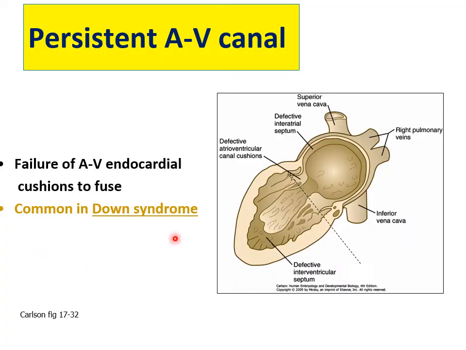This is a clinical entity found, as we mentioned, in Down syndrome. Here there is one chamber for the atria and another chamber for the ventricles, and we call it persistent AV canal.